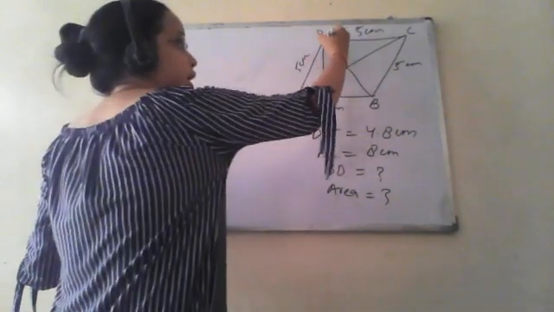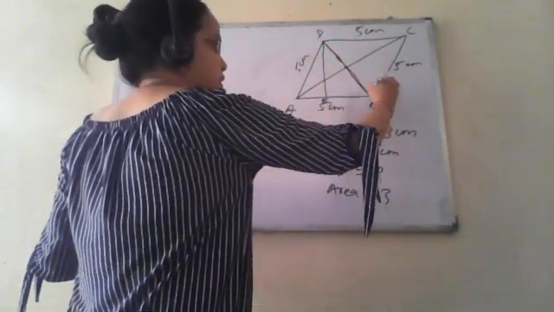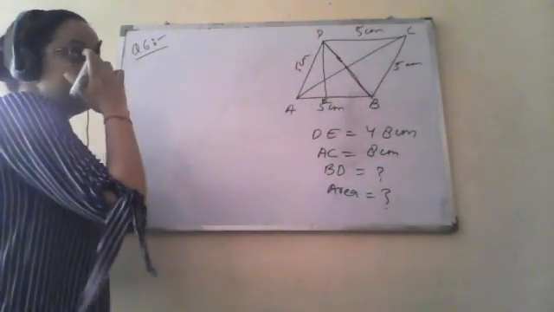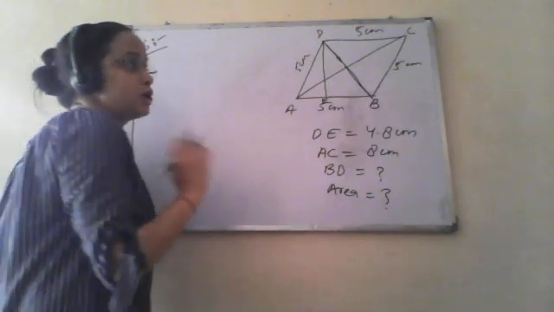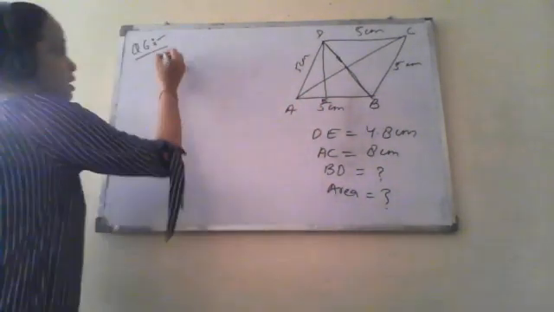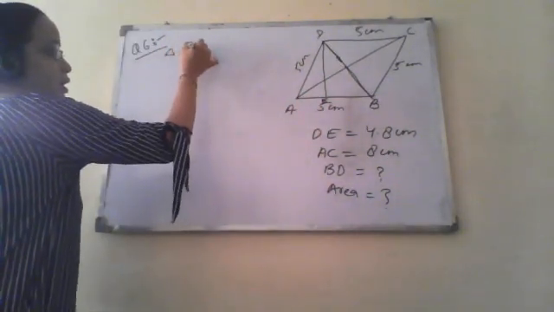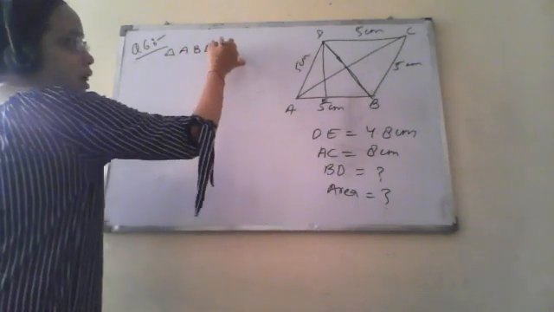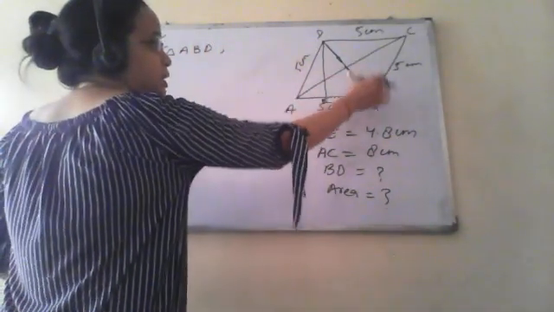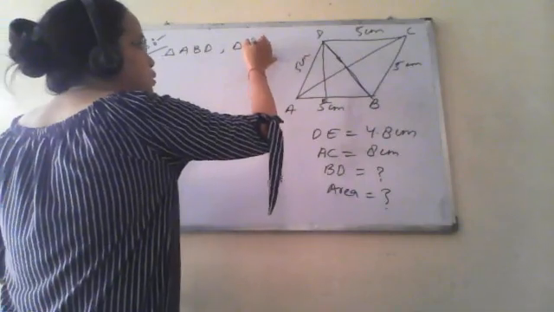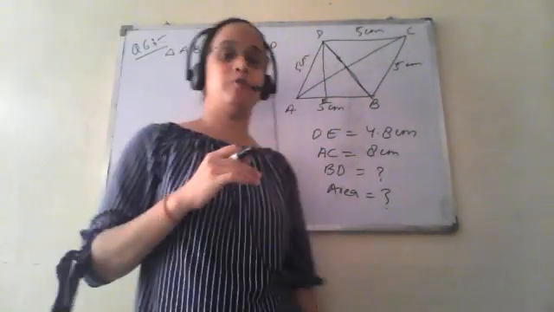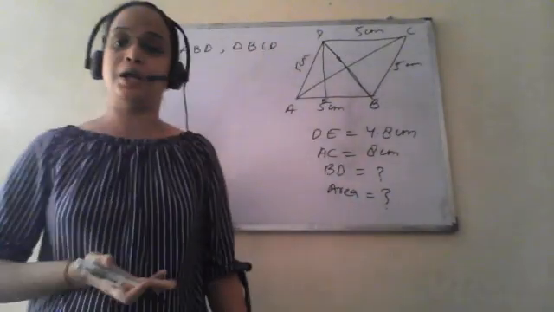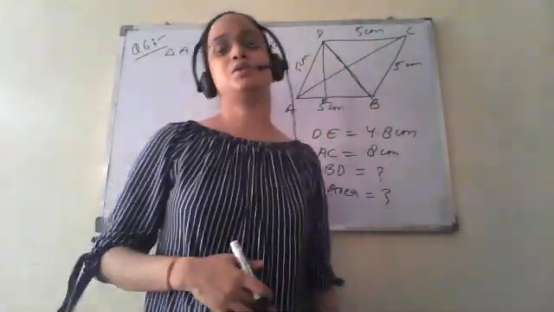Now, this diagonal BD is dividing the rhombus ABCD into two congruent triangles, triangle ABD and triangle BCD. These are two equal triangles. If we can calculate the area of one of these triangles, we just double it and we will get the area of this rhombus.